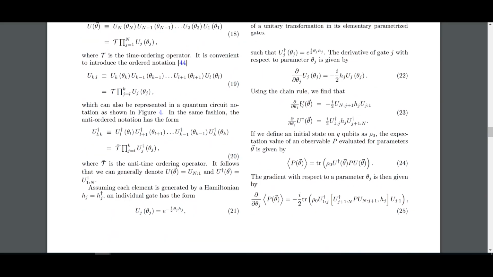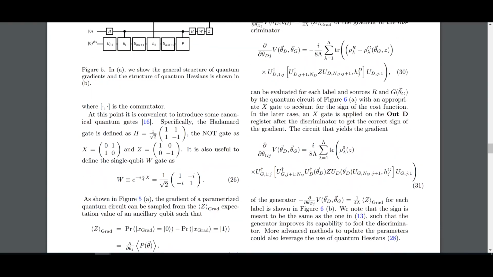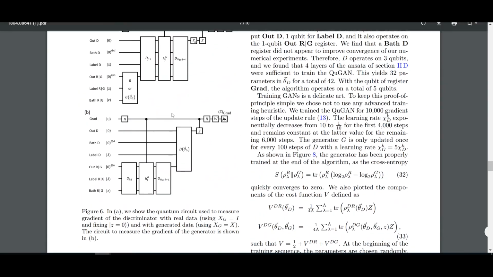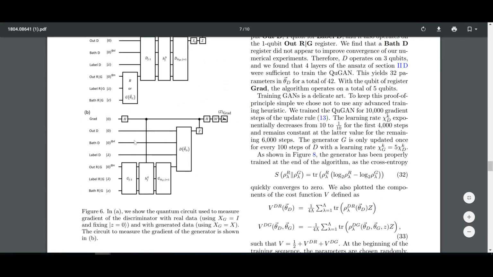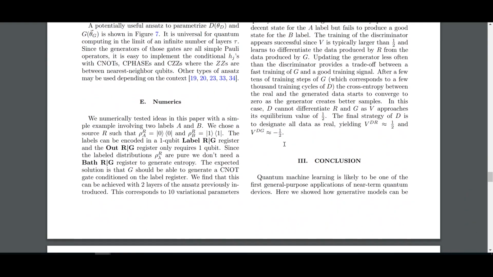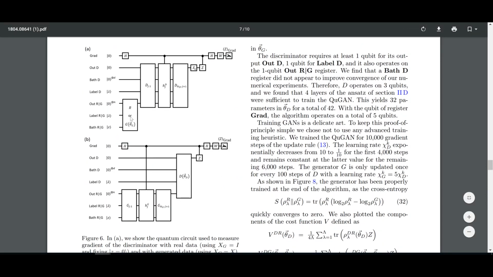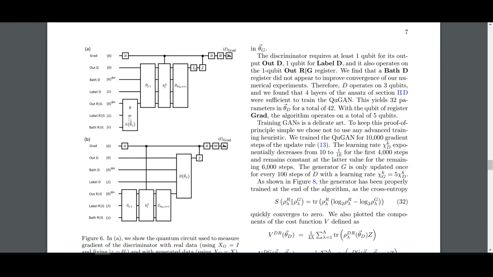What's going on there, because at the end of the day, what happens inside the boxes, what happens inside this RG circuit? I don't know, it doesn't seem like the paper covers that. And it really depends on the problem you're trying to solve with your GAN.